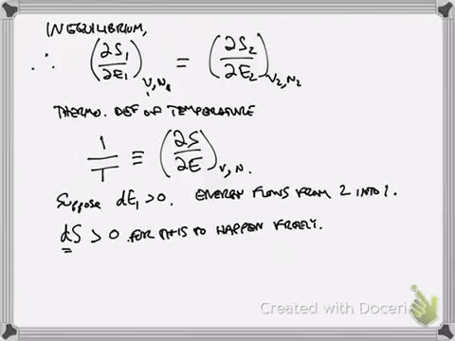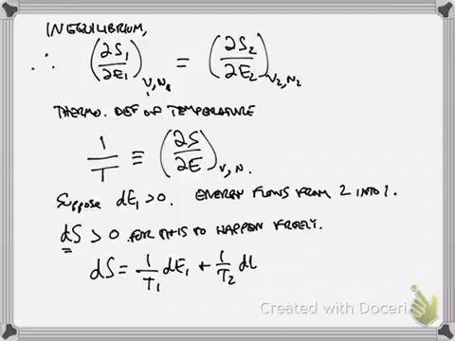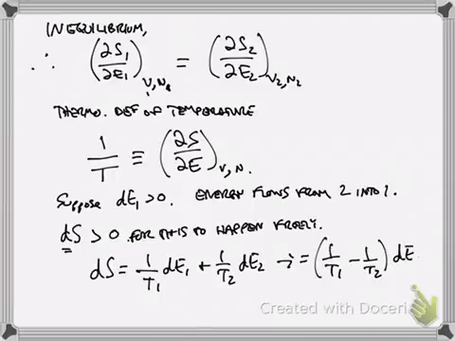So what does dS look like? Well, from our definitions that we just had, it's going to be 1 over T1 dE1 plus 1 over T2 dE2. But remember, dE1 and dE2 are the same in magnitude and opposite in sign. So I could just as well write that this equals 1 over T1 minus 1 over T2, times dE1, right?